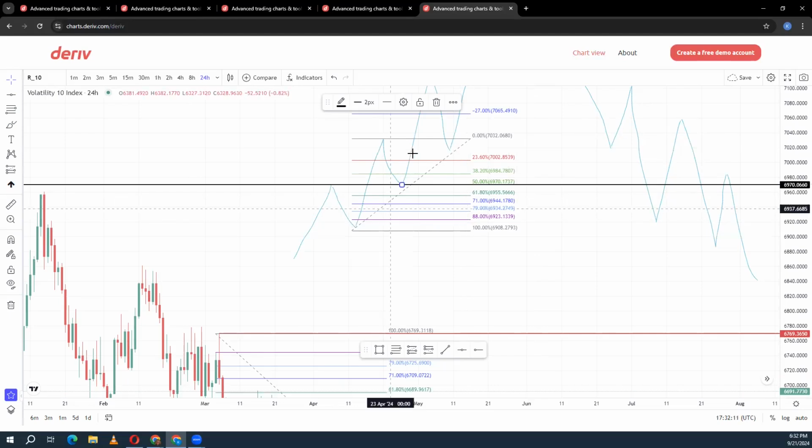You can be the type that is a risk taker, whereby after you've gotten the break and you see a clear downtrend retracement on the higher time frame, you can keep looking for sales on the lower time frame until it gets to the 50%. The moment it is past this 50%, you stop looking for sales because it is now in the discount area. What you should be looking for are buys.